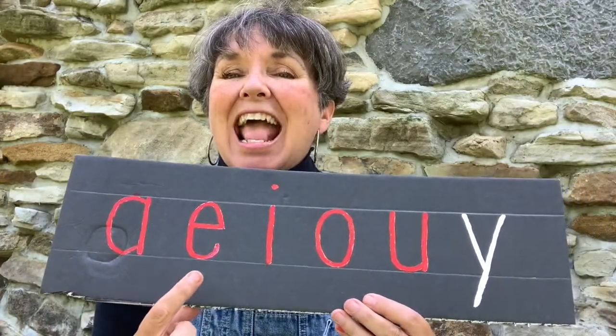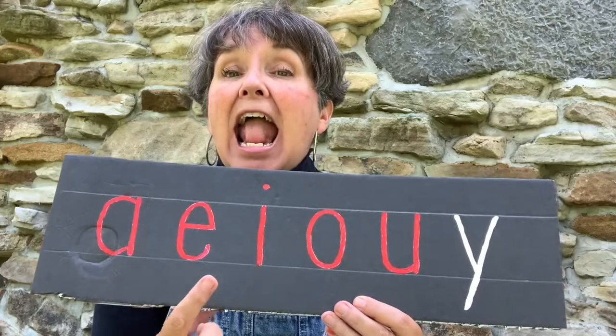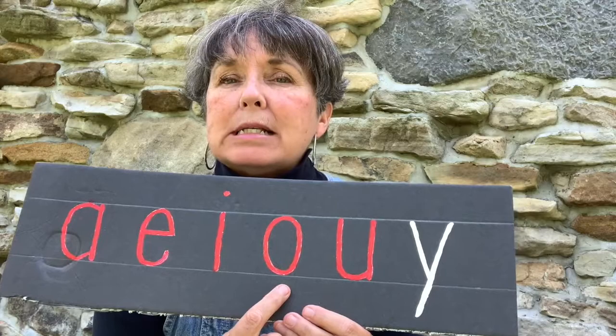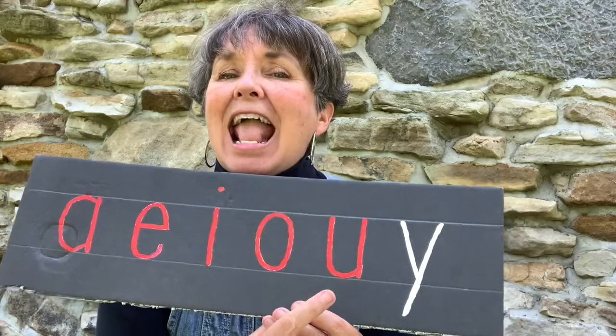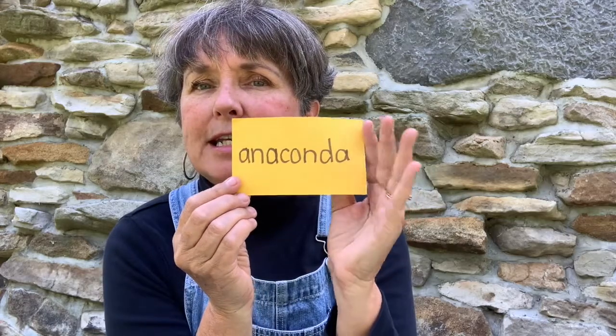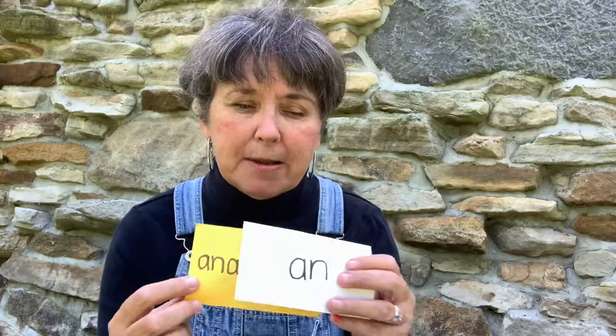I saw an eagle. I had an ice cream cone. I saw an octopus. I saw an umbrella. It works in front of words that begin with vowels. So here's the word an, and then here is the word an hiding inside anaconda. Anaconda, that big snake from South America.